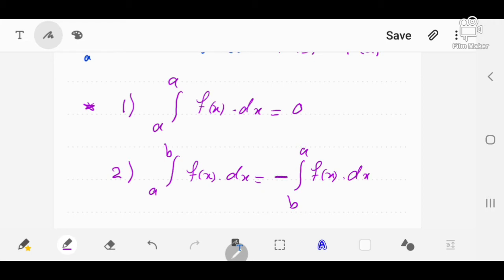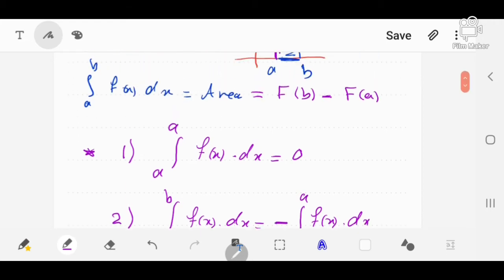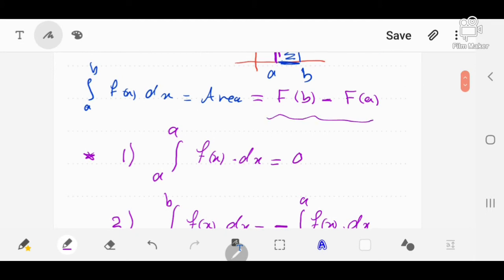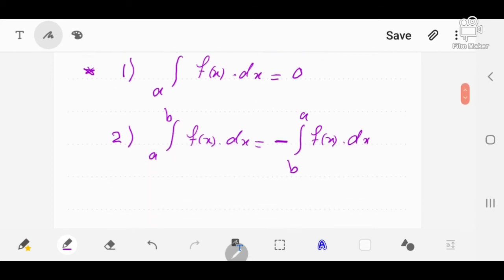Does that make sense? Of course. If I'm normally doing b minus a, then if you do a minus b, that will be the opposite sign. And that is what this rule says. So if you have the integration from 1 to 2 equals 5, then from 2 to 1 will be equal to negative 5.